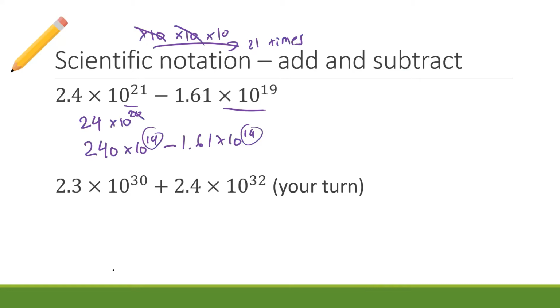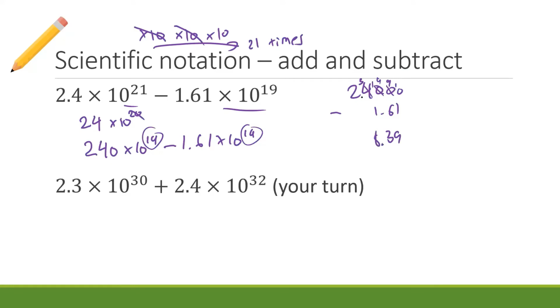So you can now go, well, that's going to become 240 minus 1.61. That's going to be 9, that's going to be 3, because it's going to be 9. That's going to become 8.